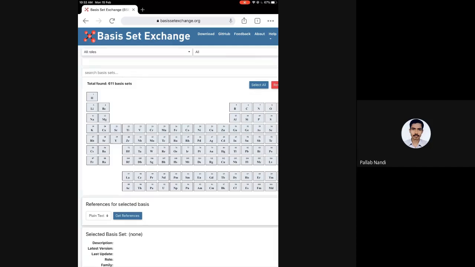Okay, so this is the Basis Set Exchange dot org. It used to look a bit different when I last looked, but okay.